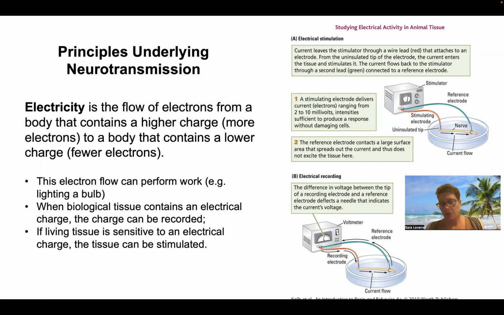As an example from your textbook, think of a light bulb. When these electrical impulses occur within biological tissue that contains an electrical charge, the charge can be recorded in terms of how it's experienced within the cell, and that charge can have cascading effects. If living tissue is sensitive to an electrical charge, then the tissue can be stimulated.